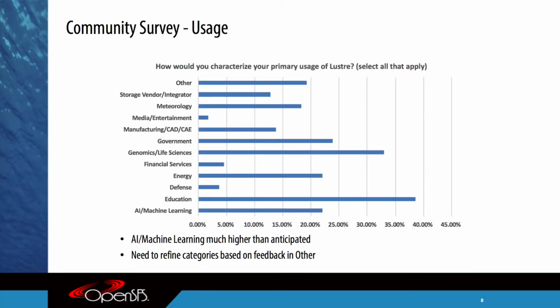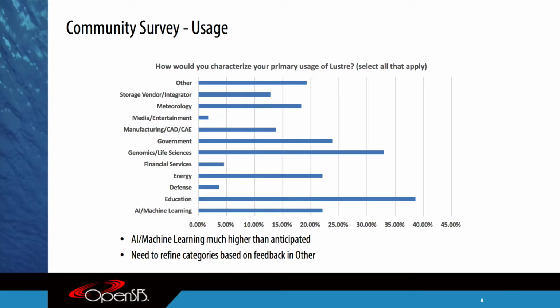The other thing I thought was interesting is that we refined this question. Previously, we asked very coarse-grained questions about the type of activities people use Lustre for. This year, we got people to be a bit more specific in classifying the types of activity they were doing. We expected to see a very strong response from life sciences, oil and gas, and meteorology. We know there are many sites very active in the Lustre community in those areas.